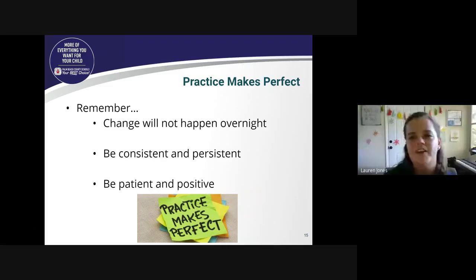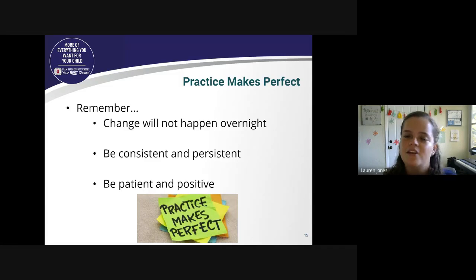So here are some important things to remember when we are starting to teach those replacement skills. Change will not happen overnight. Like Christy said, sometimes we're going to see those problem behaviors, and that's okay. Just make sure that you're reminding them of the replacement behavior that you're trying to teach them. Practice makes perfect, right? Be consistent and persistent.